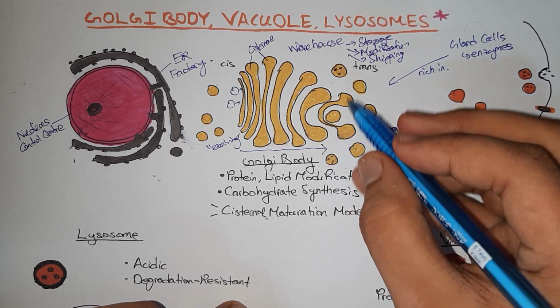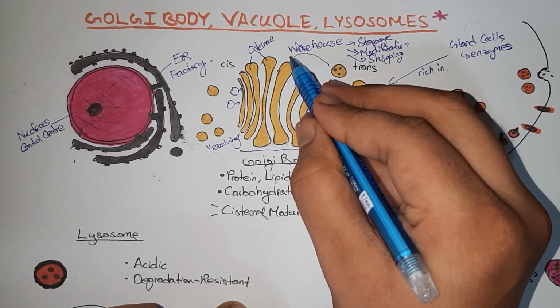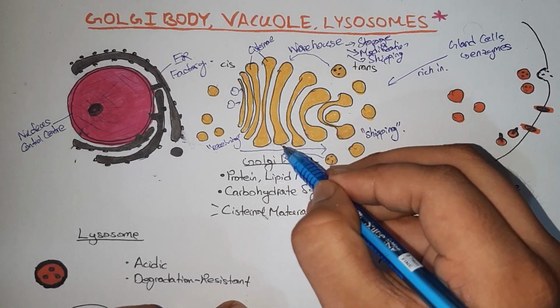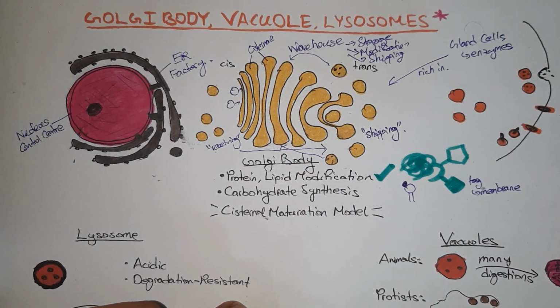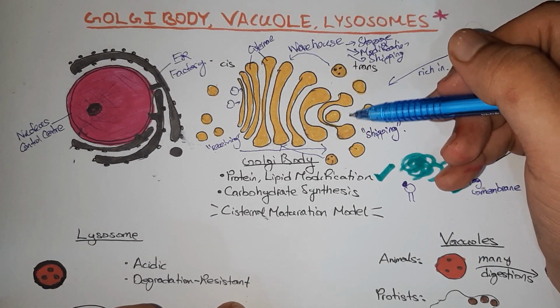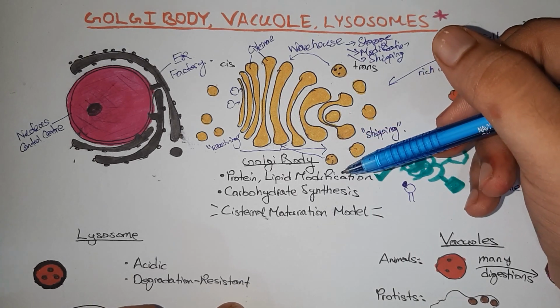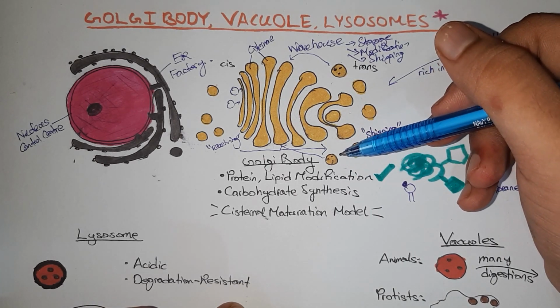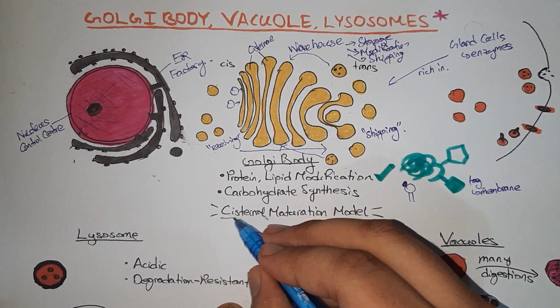So these vesicles will go back to the cis face. This is a process that essentially recycles the enzymes so that the cell does not continually have to produce new enzymes for the Golgi body. And this is called the cisternal maturation model.